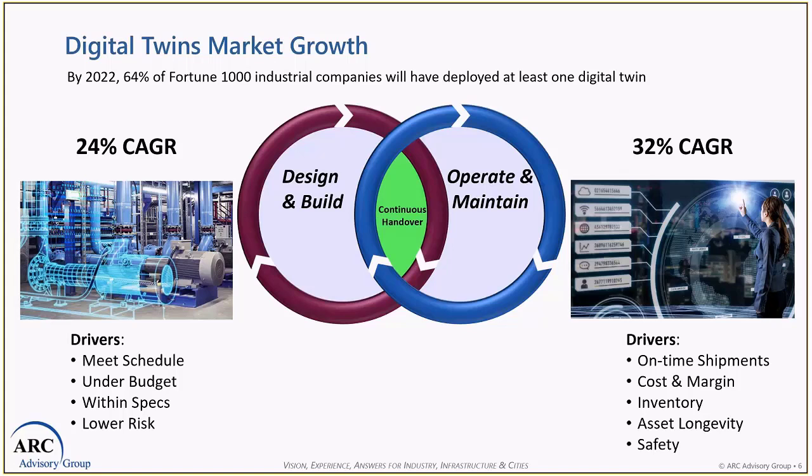So number one, you want to meet schedule, you want to be within budget, and you want to be within specs. And the 3D model provides the means to simulate, to make sure you get it right the first time, which lowers your risk. So you're much less likely to run into a situation where it isn't quite working right.